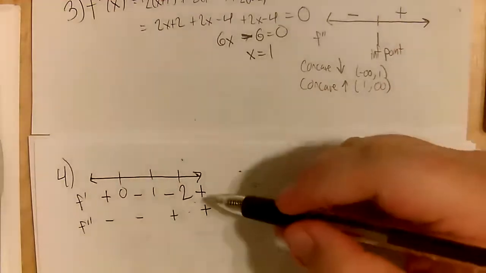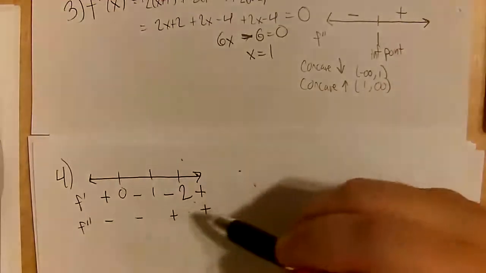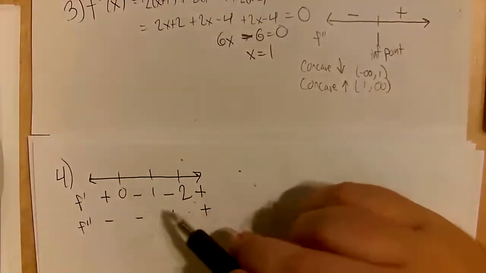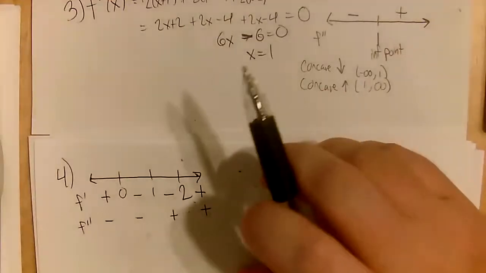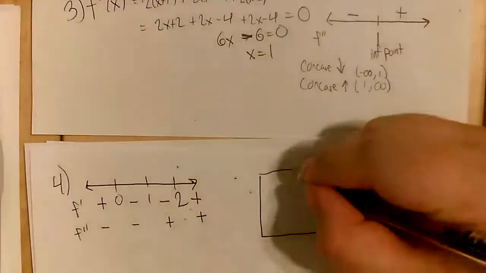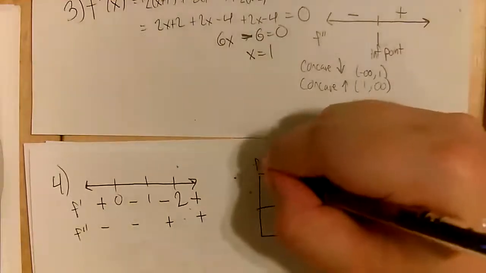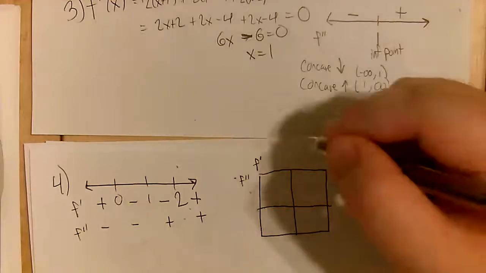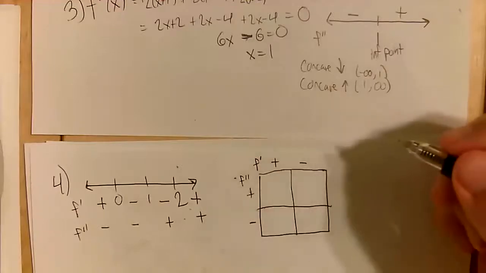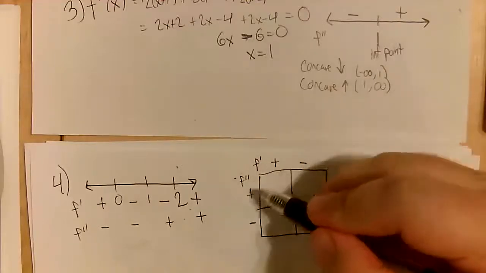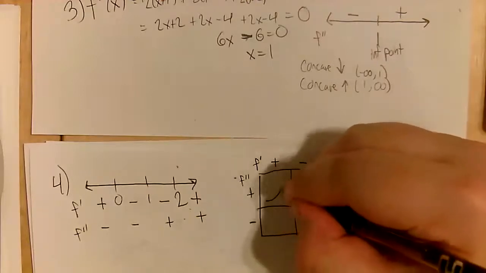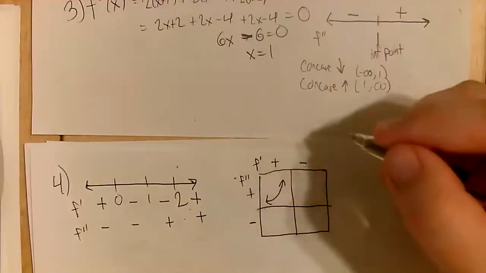Okay, now we wrote our chart here, but what does this mean? What do these combinations of signs mean? Well, it turns out that each one of these has a certain curve shape associated with it. And these are given in this chart. This will be the f prime, and then vertical will be f double prime. So we're going to have 4 combinations. If f prime is positive and f double prime is positive, that means we're concave up and increasing, meaning we're going to look something like this.